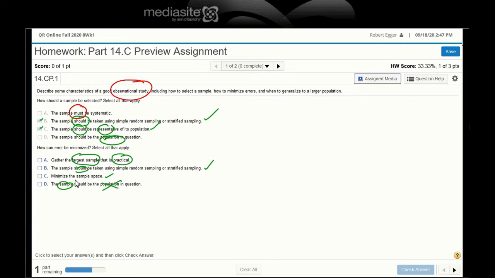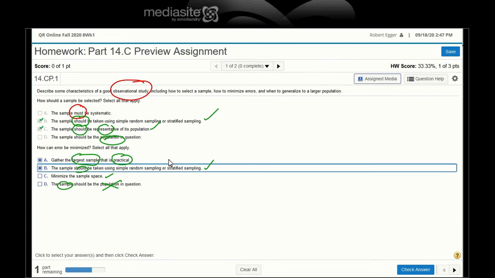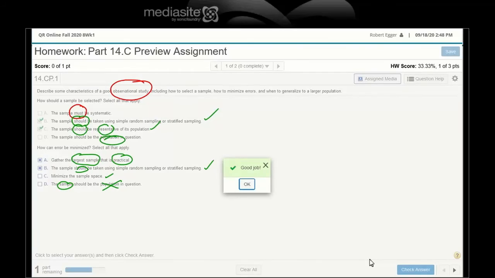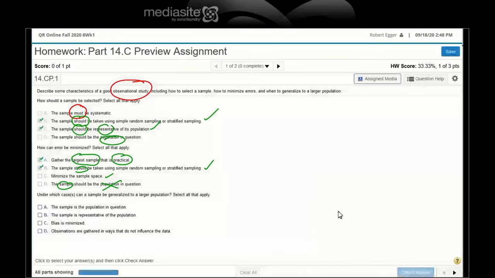So we don't want to minimize, A and B. And again, we sample so we don't need to do the population, and minimizing the sample space, we may go too small.